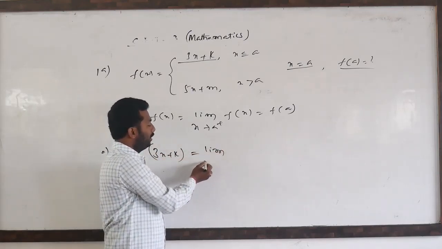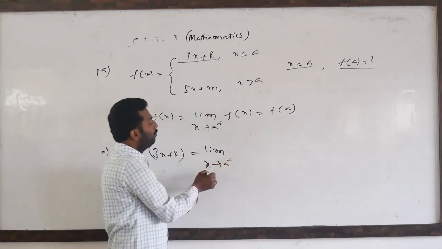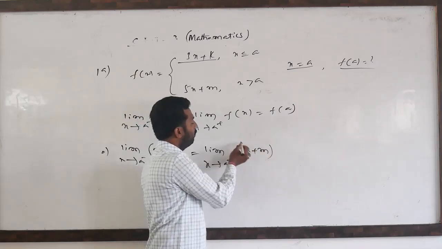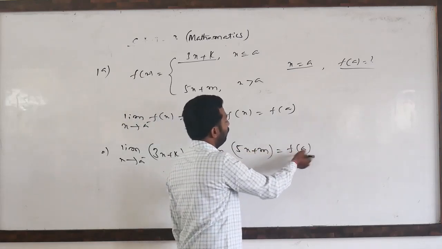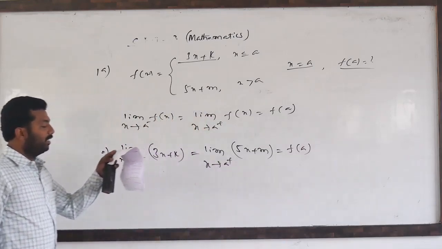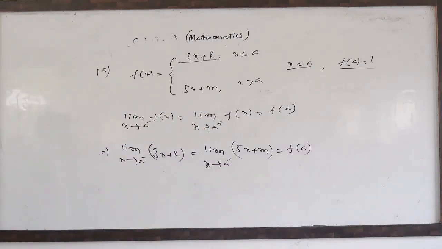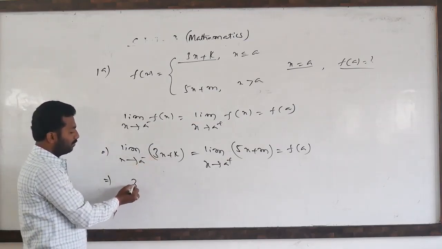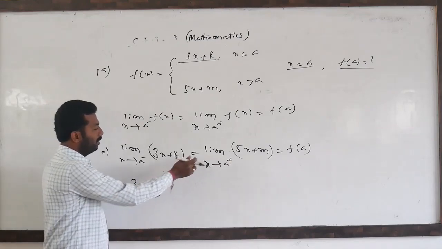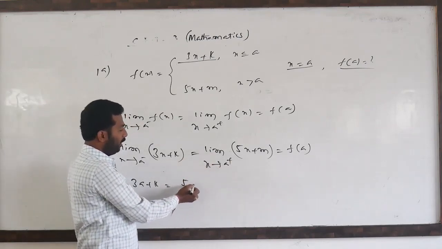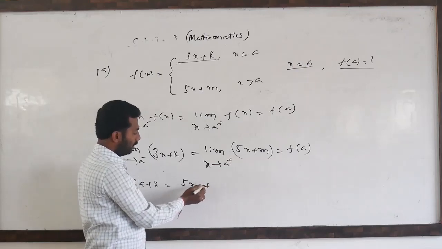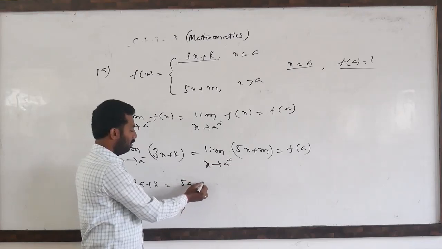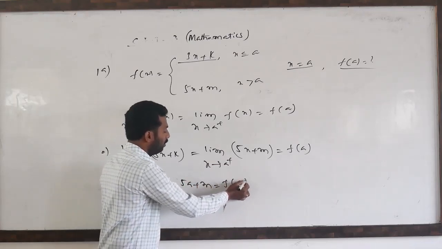So limit x tends to a plus, more than a, that is 5x plus m, equal to f of a. If you observe the four options, in terms of k, m, a we have to eliminate. See, putting x equal to a, 3a plus k. So from this 5a plus m equal to f of a.